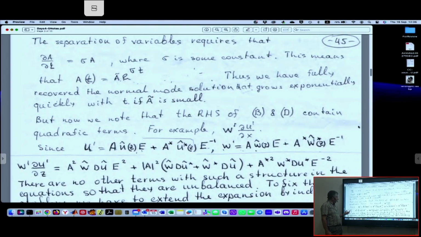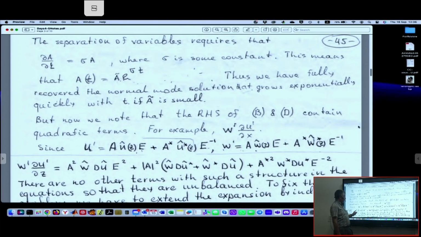So remember that my solution is in this form. It contains A times W times E plus complex conjugate. And the same thing can be said for U prime. So when you multiply them through, you will clearly see that this will multiply that.